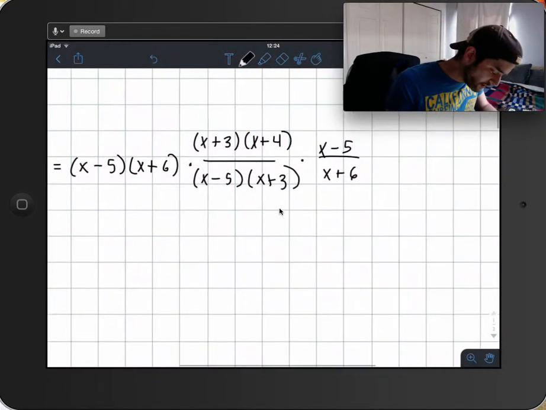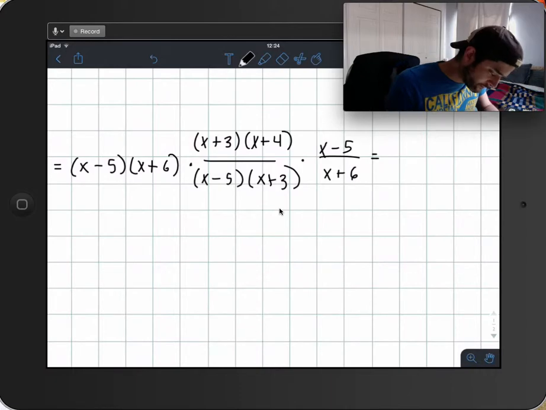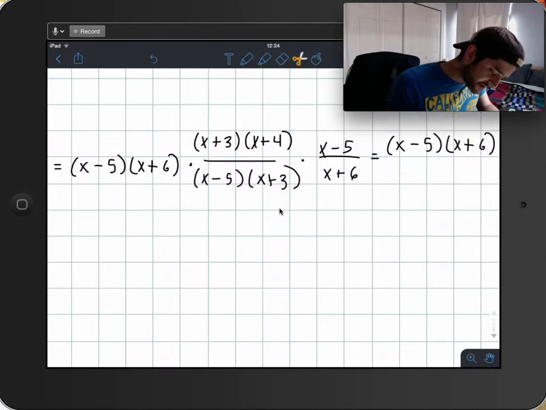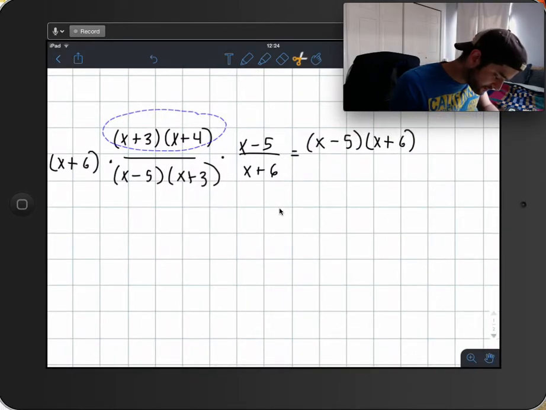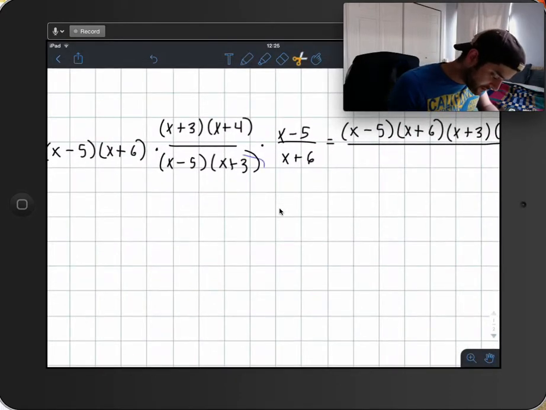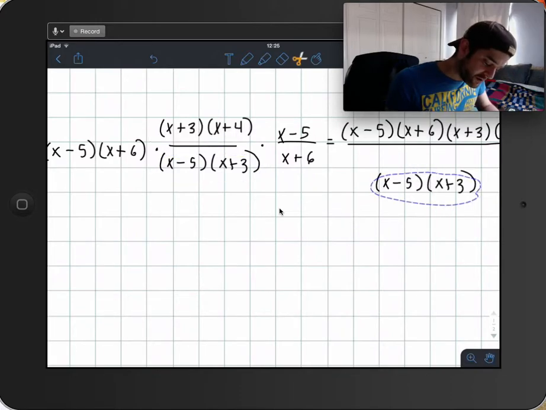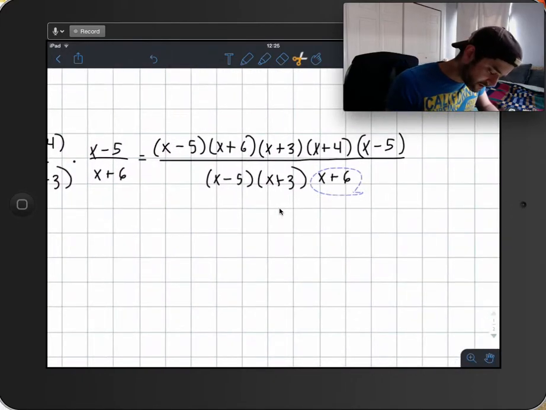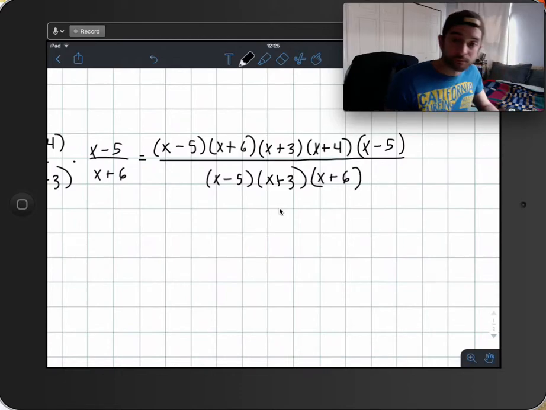So this combines to be, going to be a little lazy here, (x minus 5)(x plus 6) times (x plus 3)(x plus 4) times (x minus 5), all over our denominators, which are (x minus 5), (x plus 3), and (x plus 6). I'll give that parentheses as well.